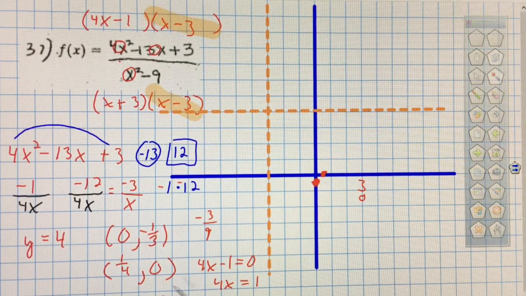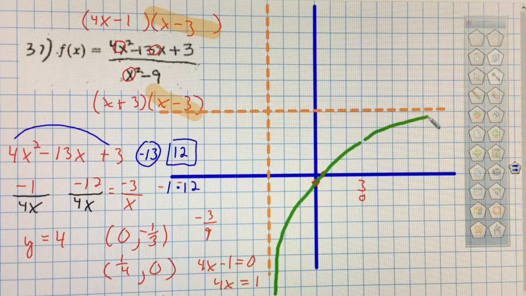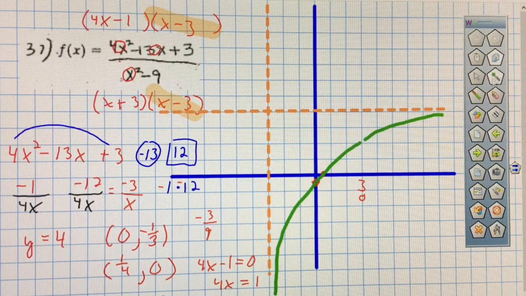Now my graph, looking at the asymptotes, I can tell that my graph is going to come up along this vertical and then head over towards my intercepts. And then right around here somewhere, there's going to be a hole. I don't know that exact number yet, but I can plug it in to the simplified version to find out where that hole actually is.